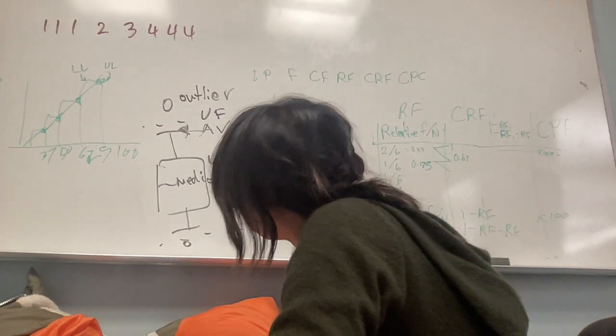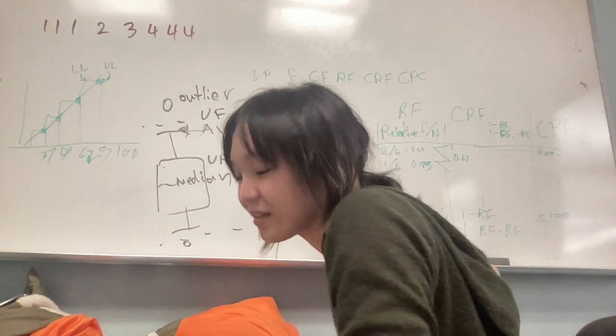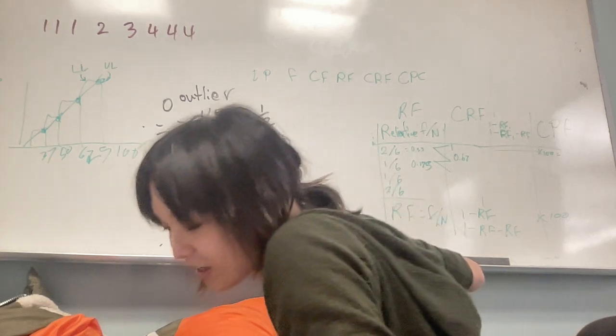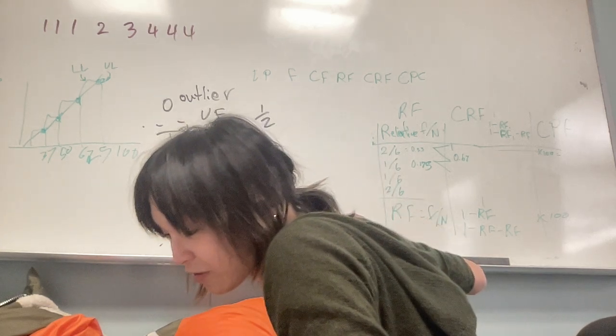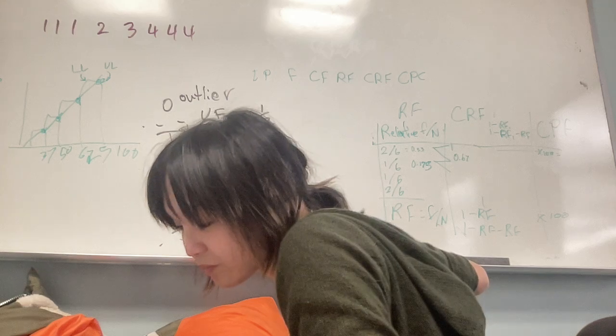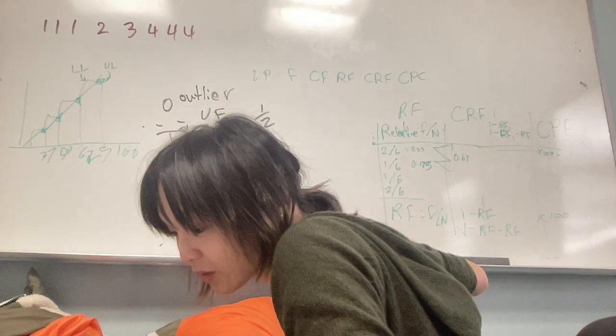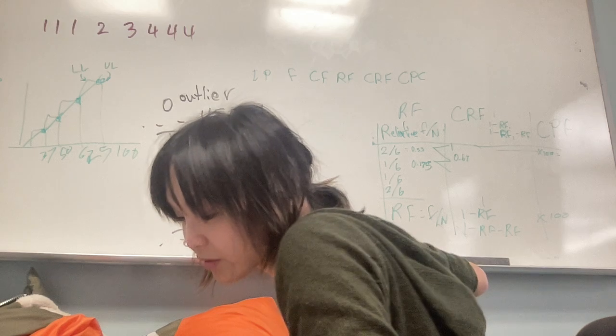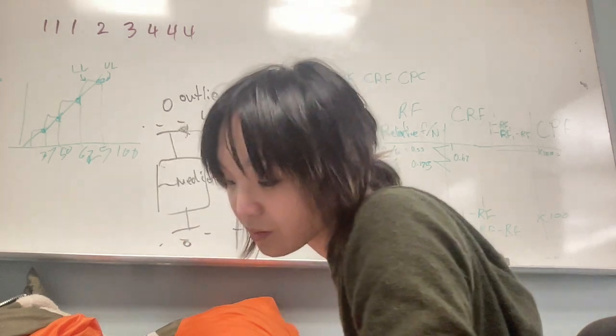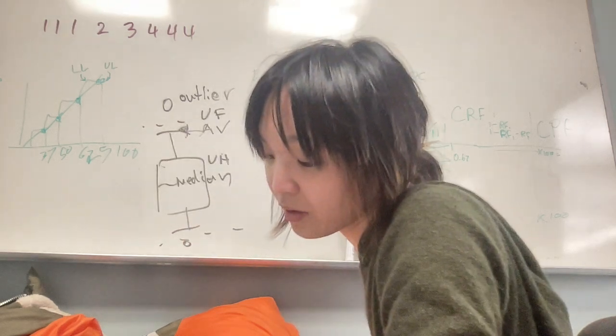I don't even know. Oh, here. It's lower fence and upper fence. Okay. It's 1.5 of the H spread. Lower hinge and upper hinge. Okay. The best.